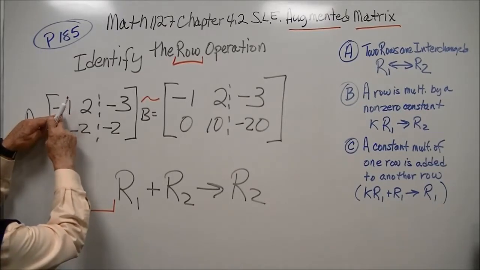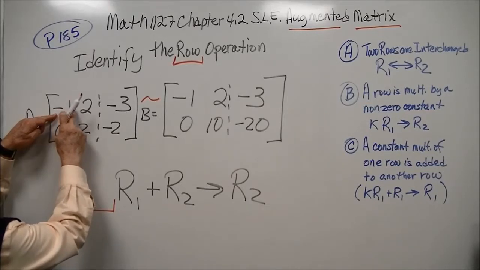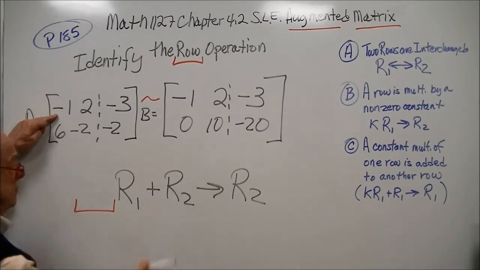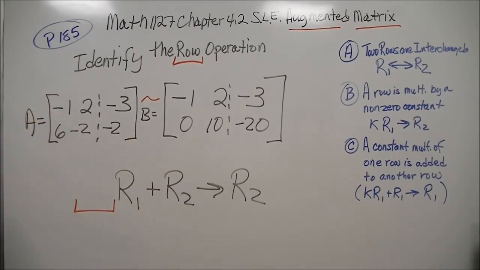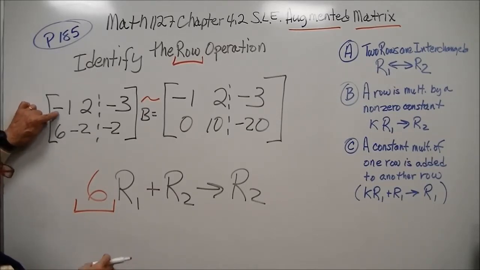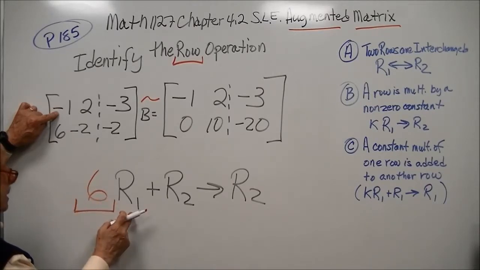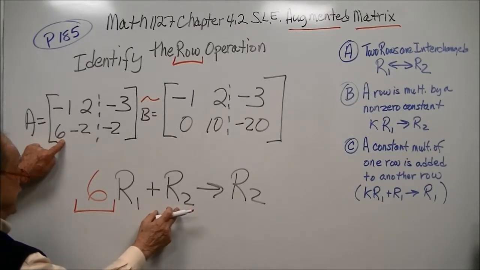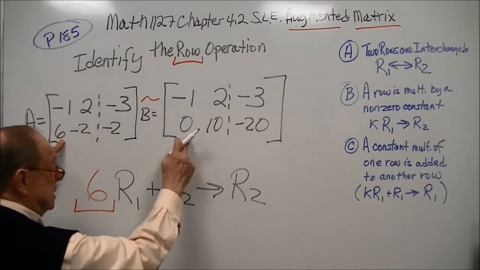So what do we need to do to a -1 and then add it to a 6 to make it 0? Well, we have to multiply it by something. And if you said we're going to multiply it by 6, that's a good start. And again, you might have to change this if it doesn't work. But watch it now. -1 times 6 is a -6. A -6 and a +6, adding it to row 2, replacing it, becomes a 0.